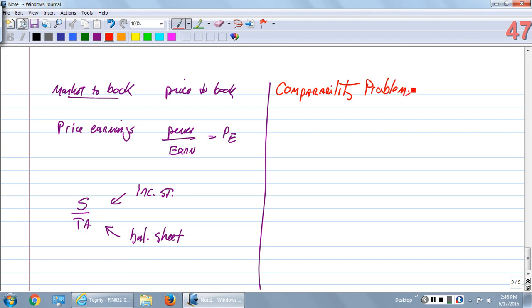The fact that balance sheet items are at a point in time. So if you were to do the analysis in June, you might get a totally different answer than if you did the analysis in December. And so that's why it makes sense that you wouldn't use just one number off the balance sheet, but maybe you average some numbers off the balance sheet. So that's one issue. Another issue is inventory valuation.